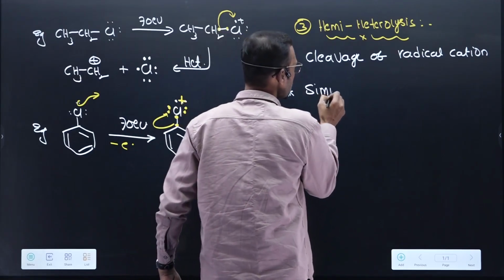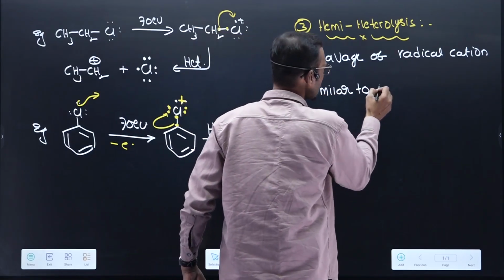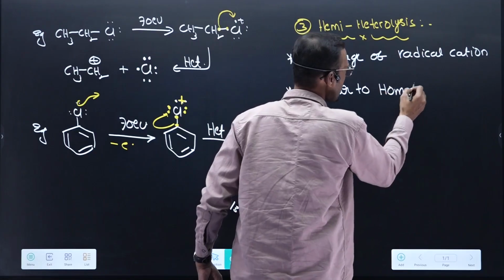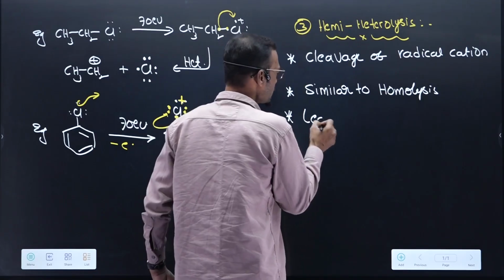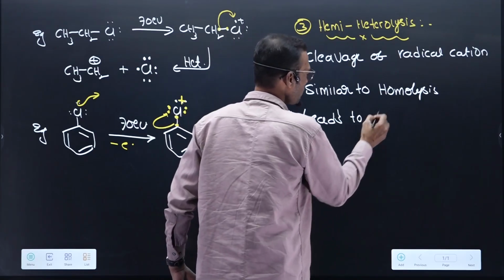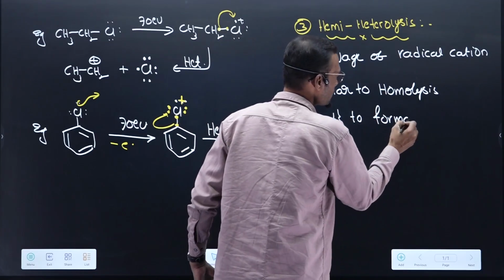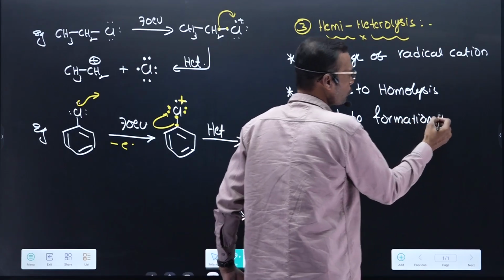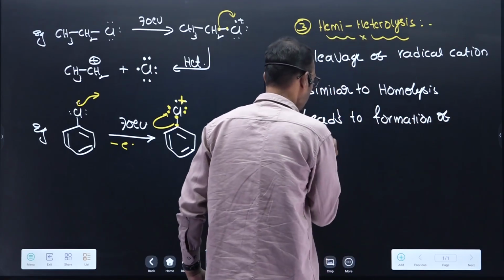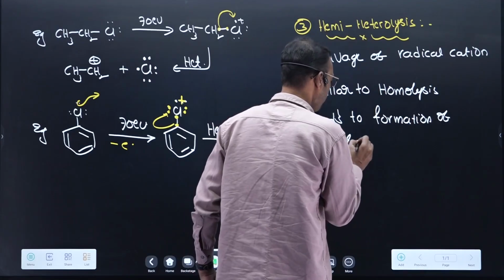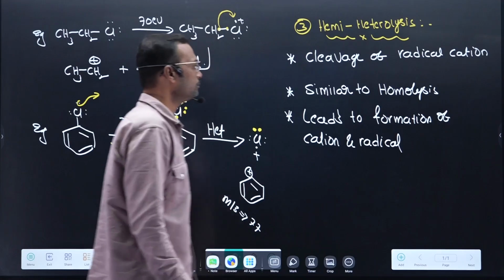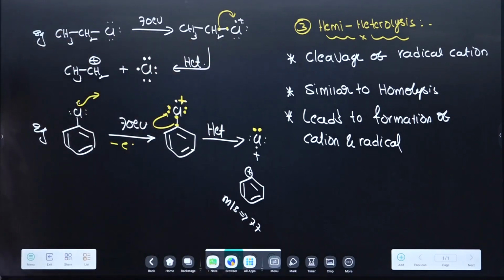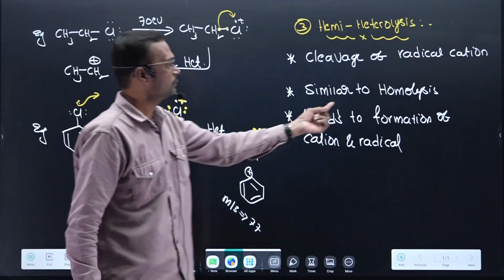Almost all of it is similar to homolysis. And especially, what will you expect? Formation of a cation and a radical. This fission leads to a cation and a radical. Hemi-heterolysis most commonly leads to formation of a cation and a radical.